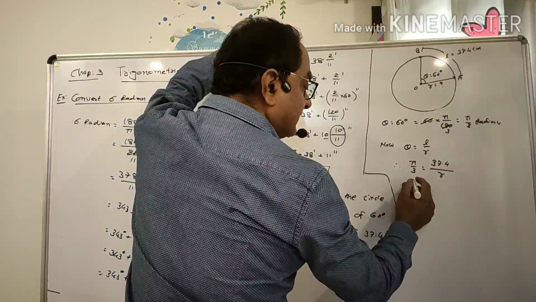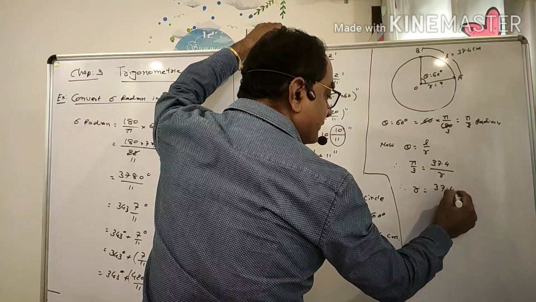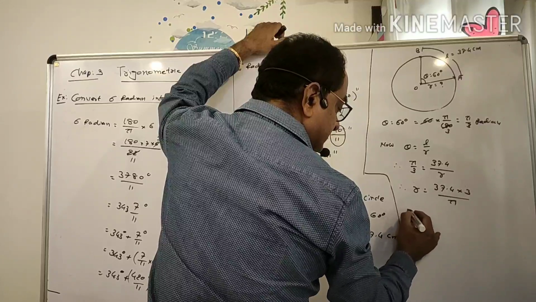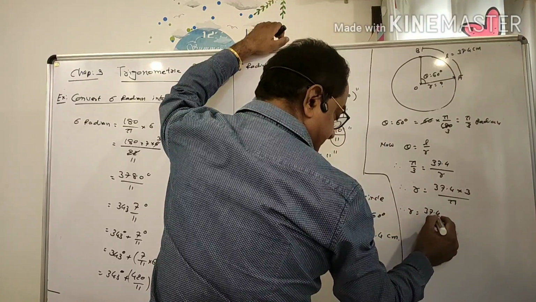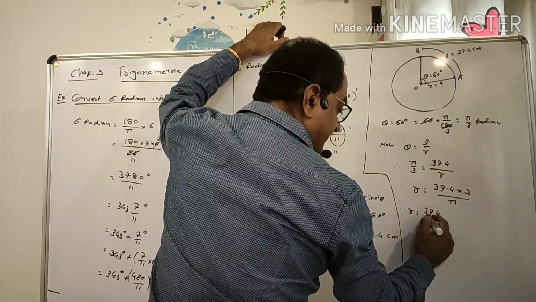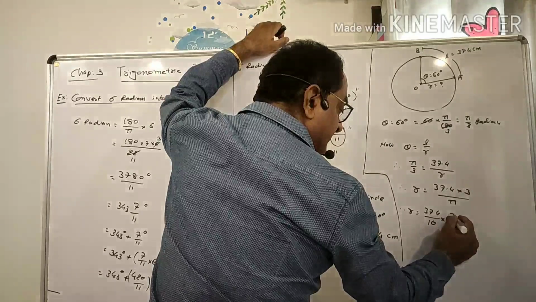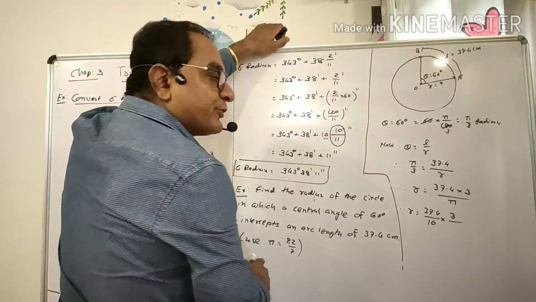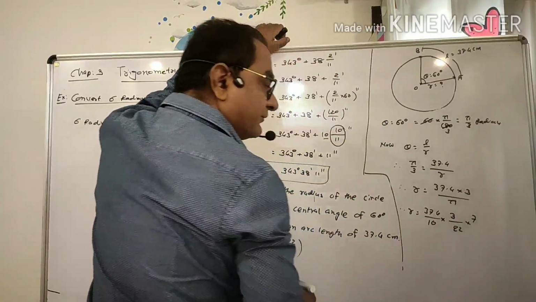We want to find R, so we make R the subject. R equals 37.4 into 3 by pi. We can simplify it: 37.4 is 374 divided by 10, times 3, by pi. They asked to use 22 by 7, so pi is 22 by 7.